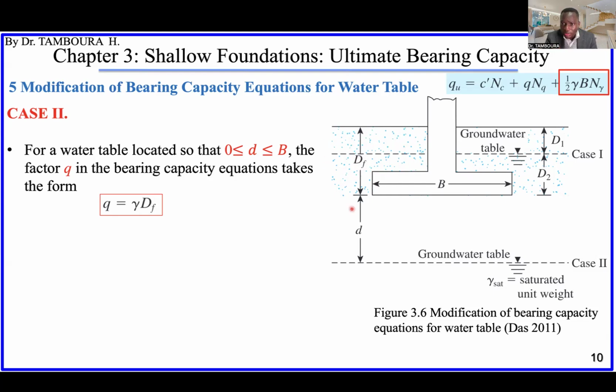Please consider the water level is now here. Everything above here is dry, so we don't have an issue with water. So in that case, the Q here will be just gamma multiplied by DF, same DF here. Finish, no problem.